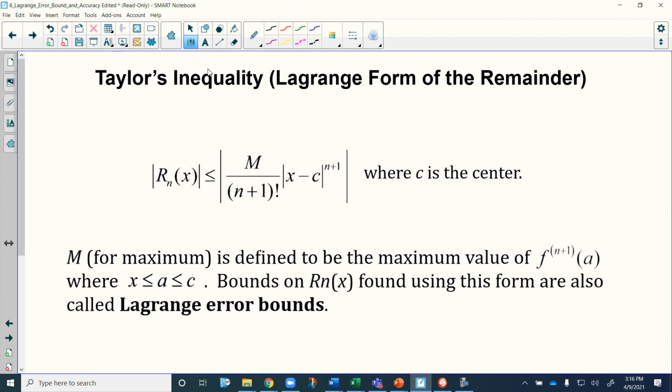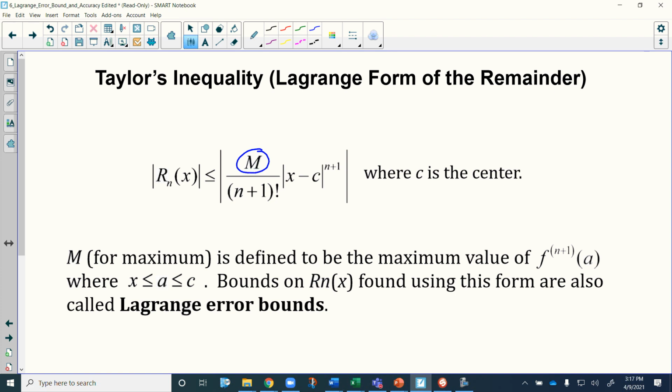So here, this is where we're getting that M that I was referring to earlier, the maximum. And of course, c is going to be the center. So this would work the same for a Maclaurin process as opposed to using the Taylor method. The only difference is that the center would be c equal to 0 for a Maclaurin series.